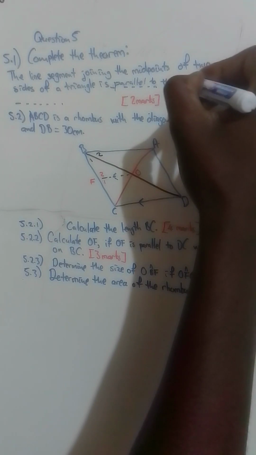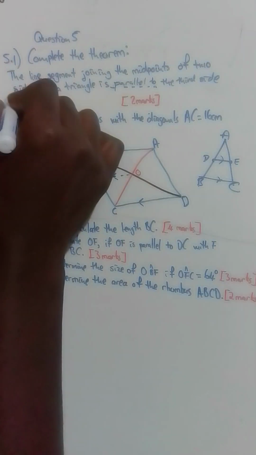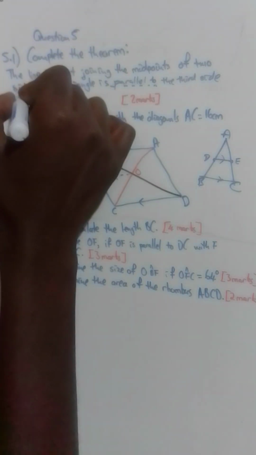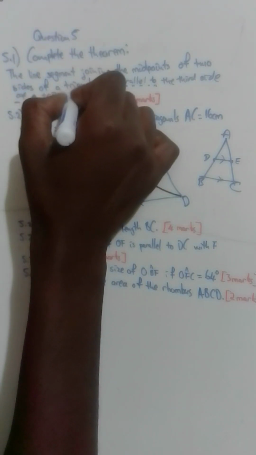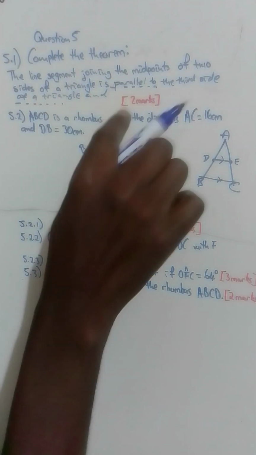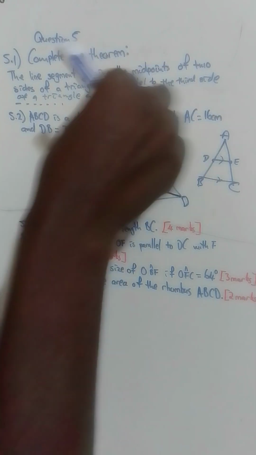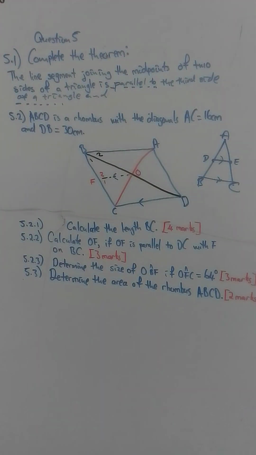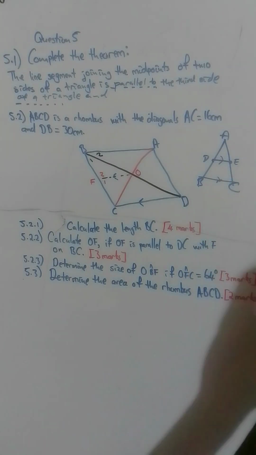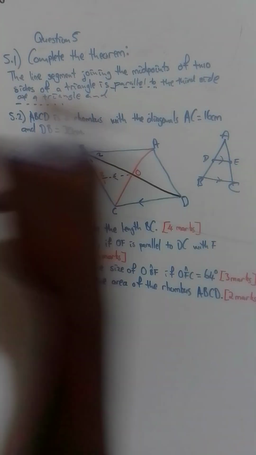That is the first mark, and which means now we must give the second reason. The first thing that we know is that line DE is parallel to line BC. That's what we've written.